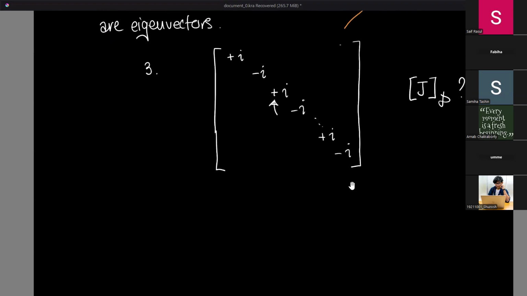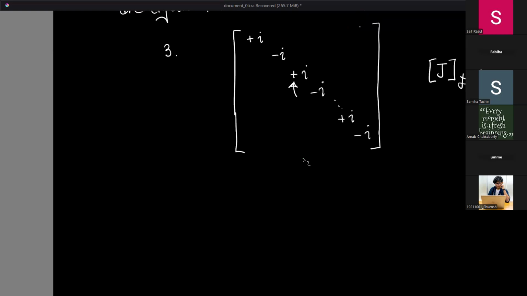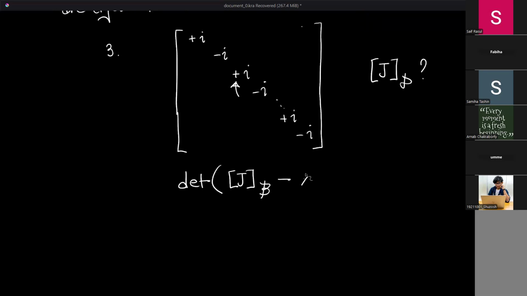So, if you were to take the characteristic equation again, that's the equation where you have the determinant of J in the B basis minus lambda V is equal to 0. Did I get that right?